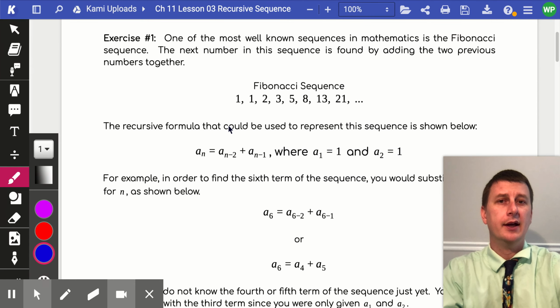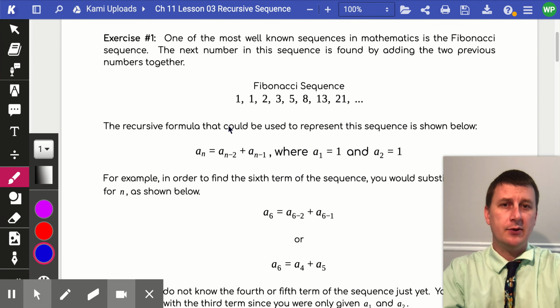Before we look at an actual recursive sequence and how we're going to determine the nth term, we're going to look at one of the most well-known sequences in mathematics, and that's the Fibonacci sequence. The next number in the sequence is found by adding the two previous terms together.